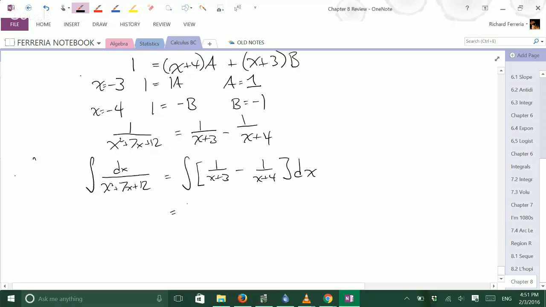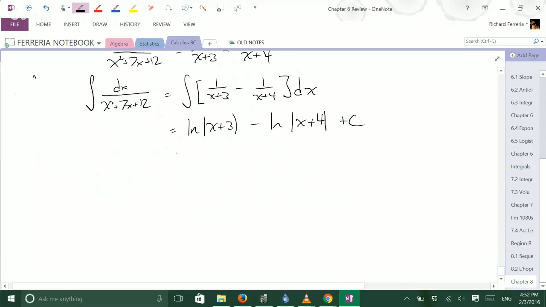That's the natural log of the absolute value of x plus 3 minus the natural log of the absolute value of x plus, not 3, 4, plus a constant. Lastly, we're going to simplify. That's the natural log of x plus 3 over x plus 4 plus a constant. We're going to leave it here for just a second.